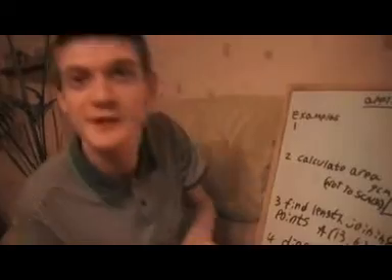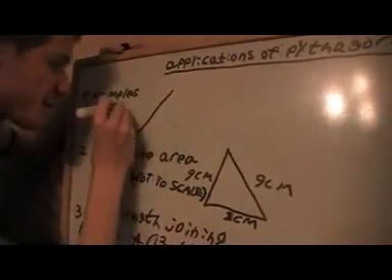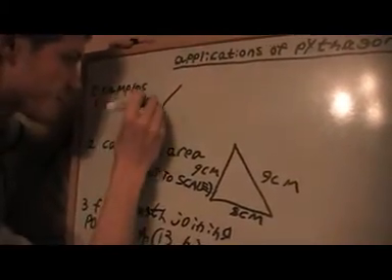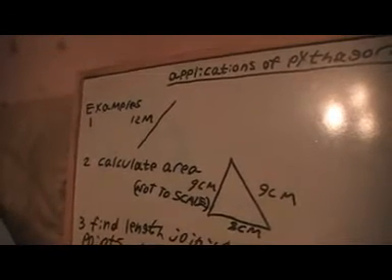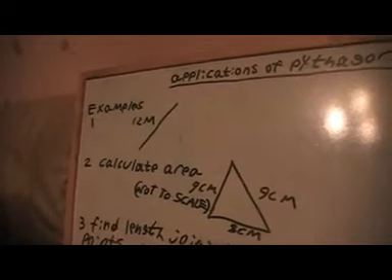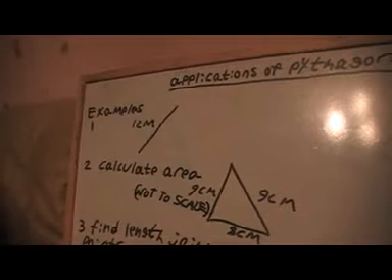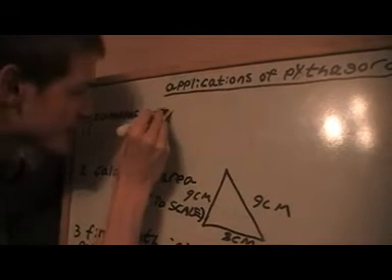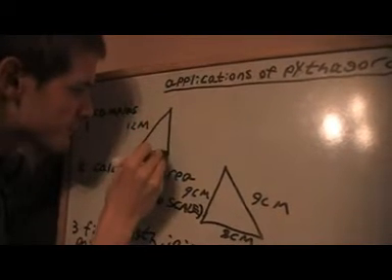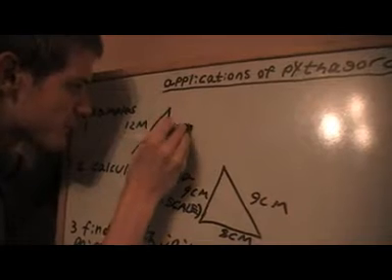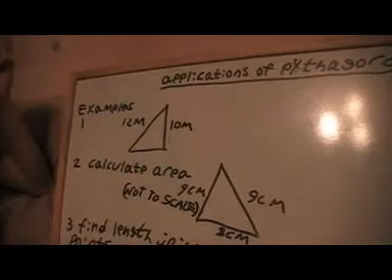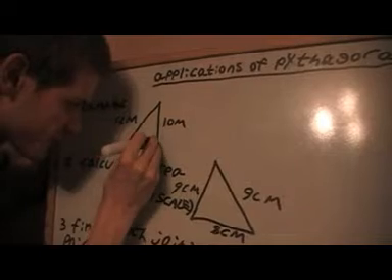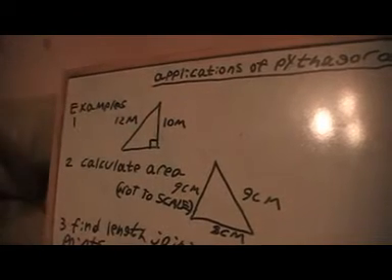a ladder 12 meters. This here can be your ladder with 12 meters, and then we've got a wall here which is 10 meters. We want to find this distance here. Because it's Pythagoras, we're going to have a right angle triangle there.